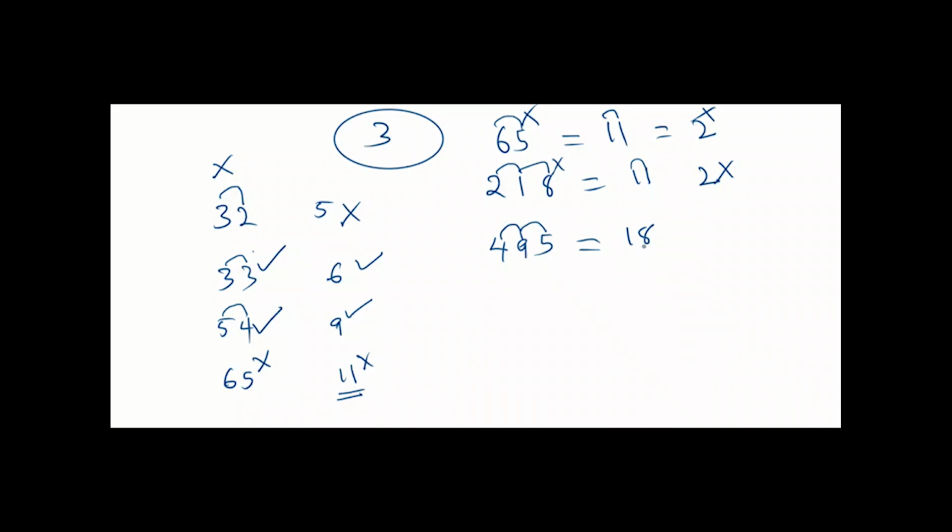If you know that 18 is divisible by 3, then 495 is divisible by 3. But you can still continue. You say 1 add 8, that will be 9. It is easy for you to get that 9 is divisible by 3. So since 9 is divisible by 3, that means 495 is divisible by 3.